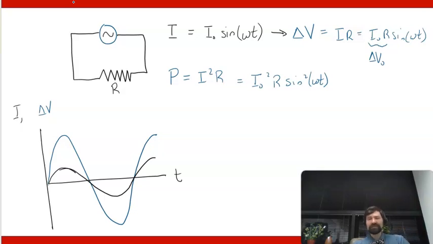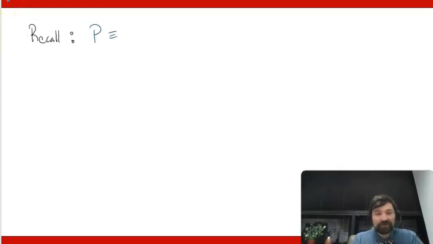And if I want to get, for example, the average power, how might I do that? Well, for that, you basically can go and recall what power is defined as. This goes back to physics 1, but power, or average power, is energy or work per time.